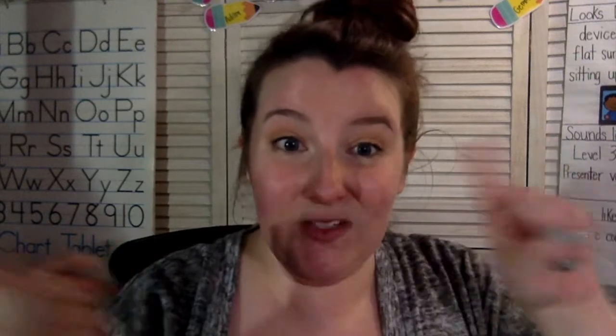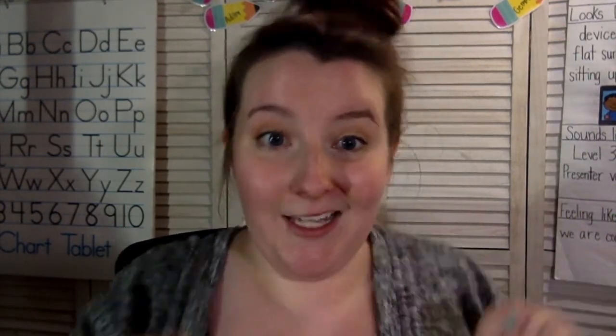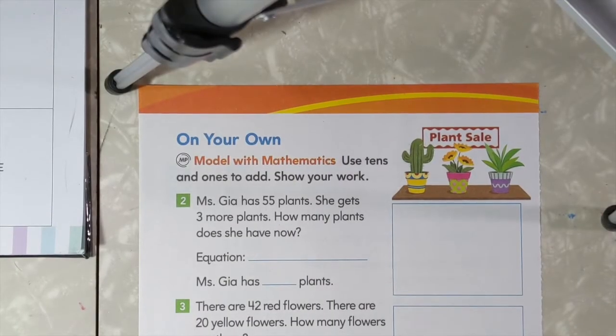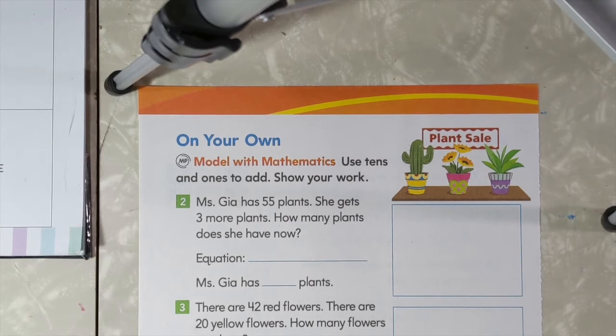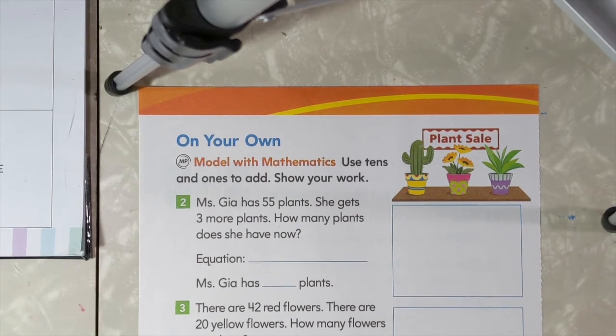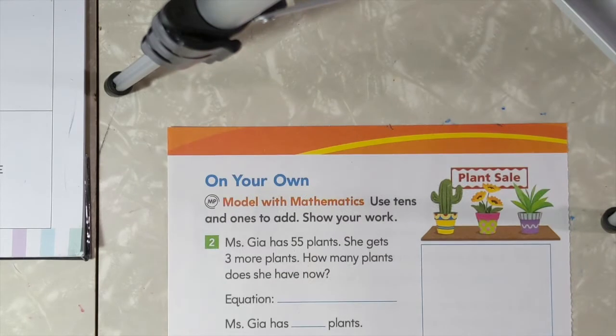I will go ahead and switch over to my makeshift document camera, and we can get started. All right, we are all switched over and ready to go. As a reminder, we are on 12.5, represent addition with tens and ones, page 368. Let's take a look.